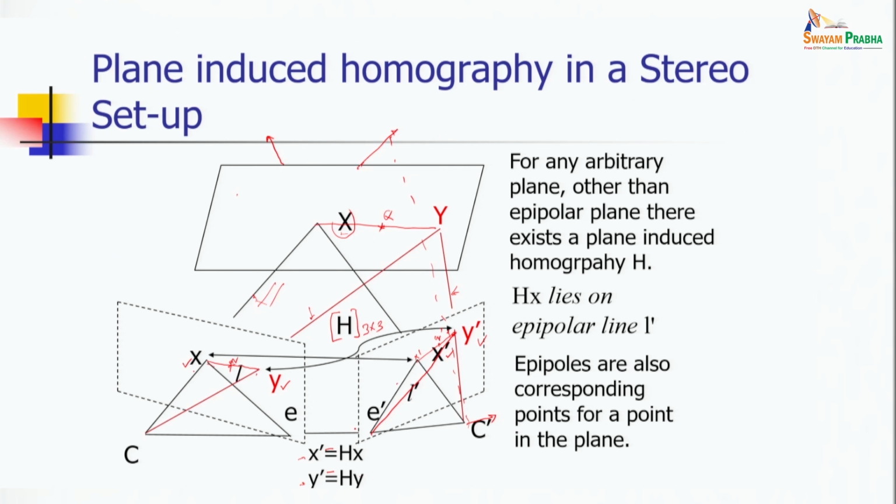So from there you can say that e prime is He and l prime is H minus transpose l.